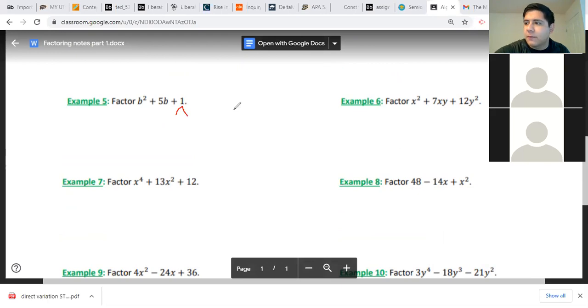What are the factors of 1? 1. Exactly, 1 times 1. But the problem there is, does it add up to 5? No. So we would call this prime. In other words, we can't really do anything with it. It's just that, prime.